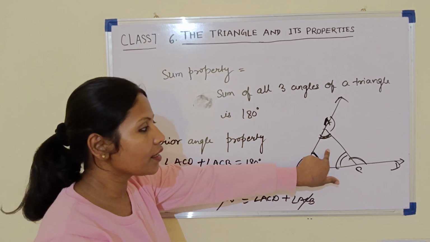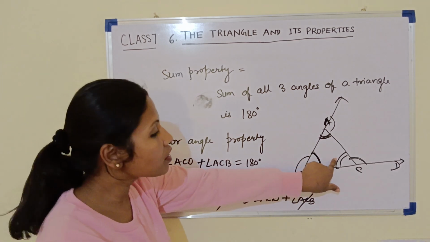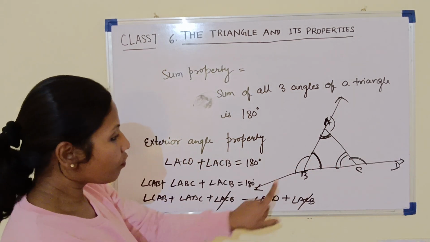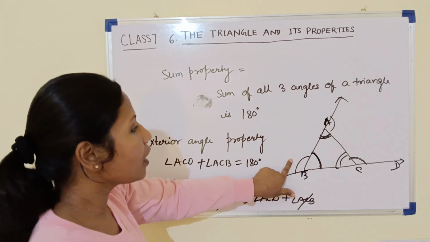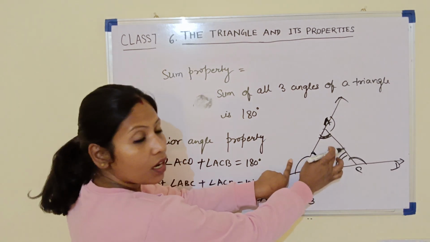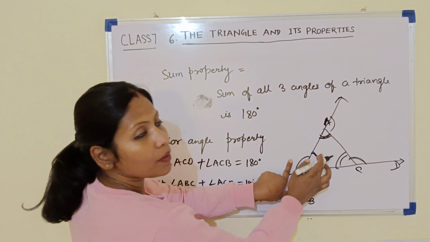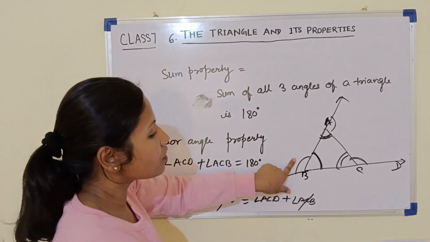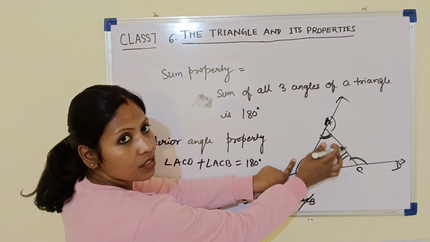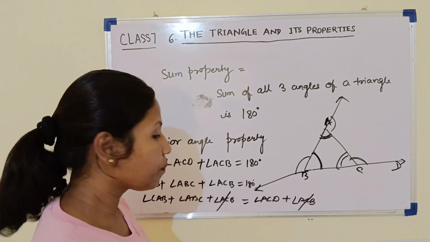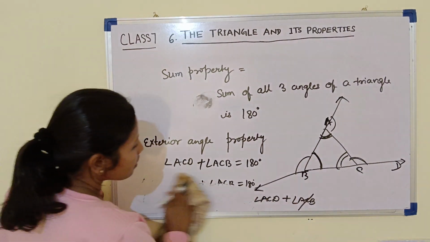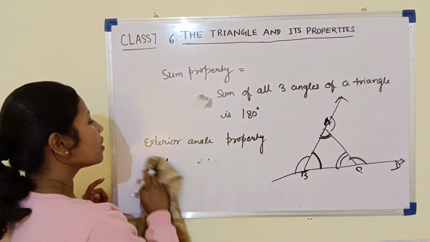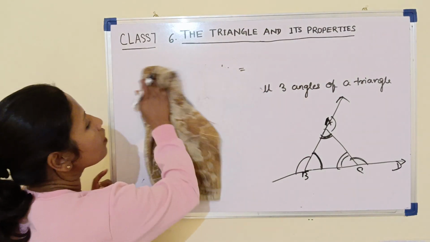These all three are interior angles, but these two will be opposite and this will be adjacent. So this is the property of the exterior angle.